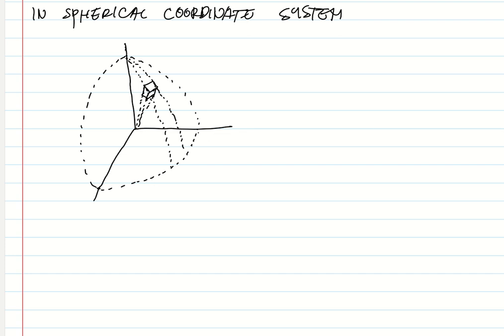What are the sides of this differential volume? The first one we can determine is this side, because this is R, the radius. So this side is just equal to dr.